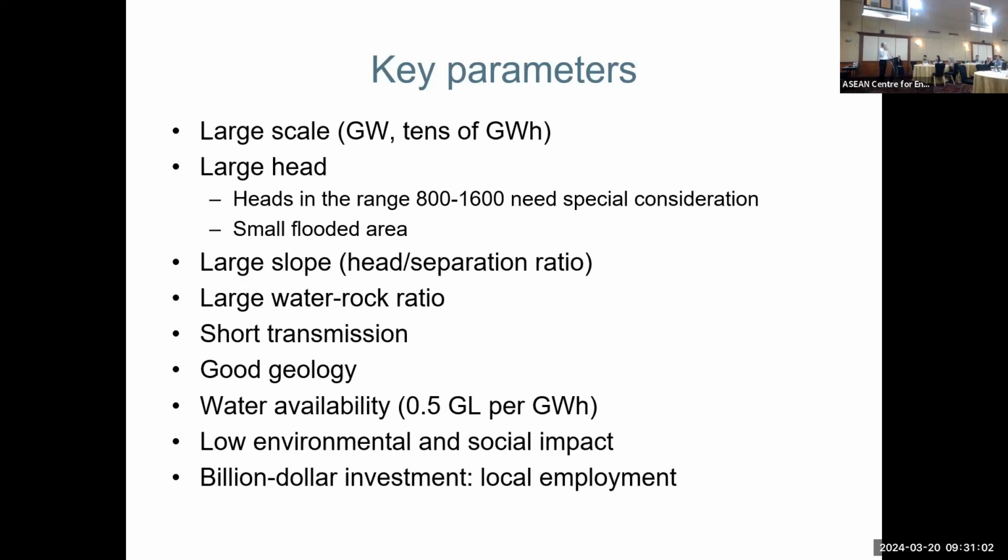And remember, you can zoom down in our atlas to 30-meter resolution, so you can see which tree gets flooded, which house gets flooded, and which tree does not. And these are billion-dollar investments, so there is substantial local employment required, which is normally a pretty good thing.